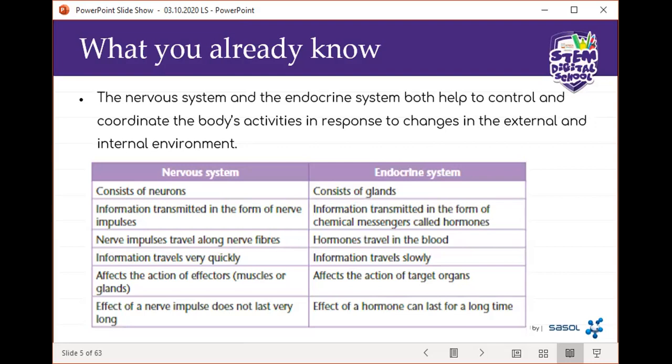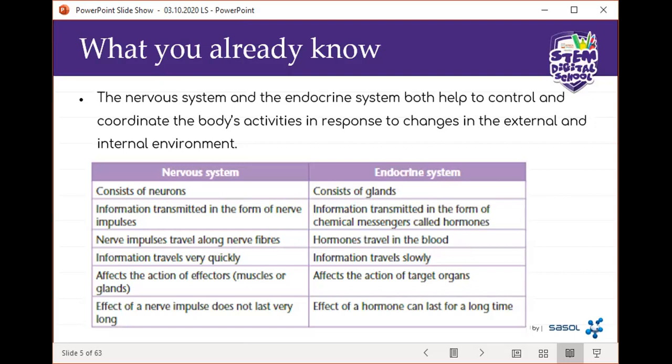In the nervous system, impulses affect the action of effectors, and in the endocrine system, the hormones affect the action of the target organs.